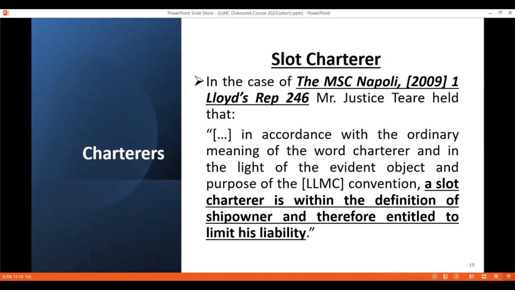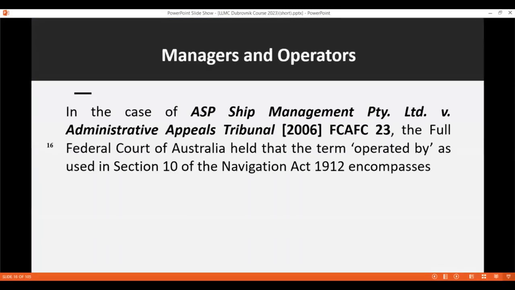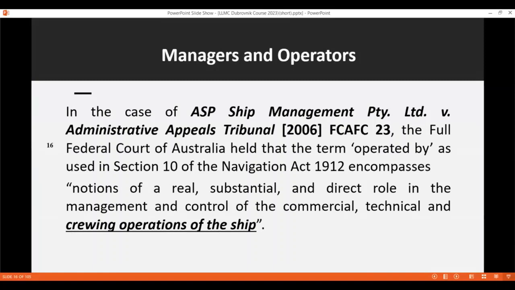In any case, if a slot charterer is granted the right to limit liability, he will not limit liability just on the slot he chartered, but based on the full tonnage of the ship, like the ship owner as well. So slot charterers are entitled to limit liability as per the interpretation of the UK.